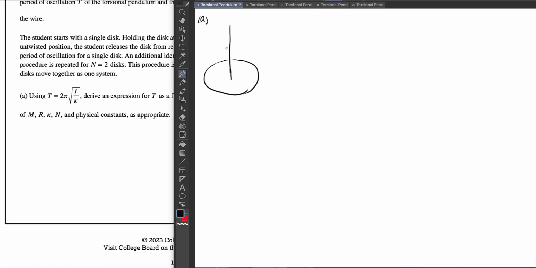So when we twist this by some angle theta from the equilibrium position, so let's say here is the equilibrium position, and now we twist the disk by this angle, so that's theta angle. Now this wire, the center wire here, will generate a torque trying to go back to the equilibrium position, and that torque is called restoring torque.